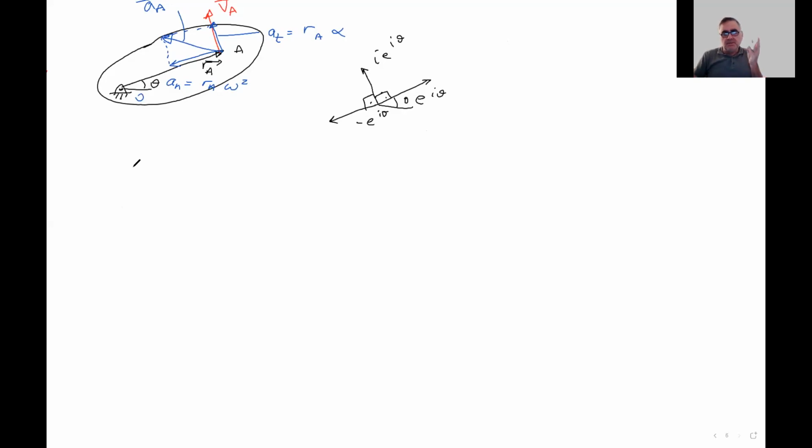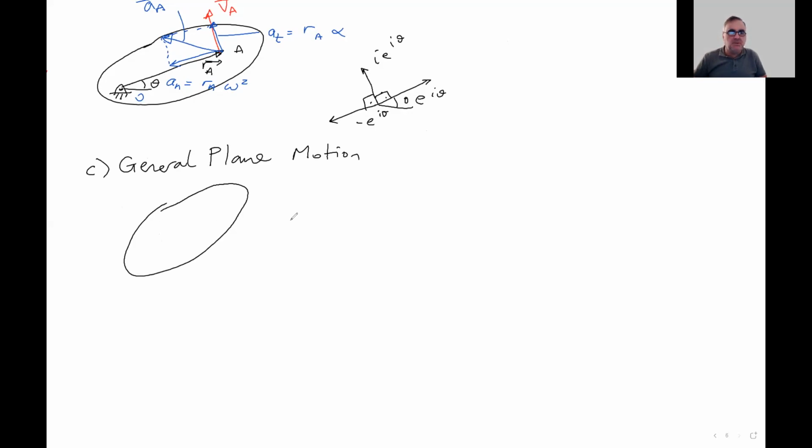Now, we talked about translation. We talked about rotation about a fixed point. Now, the most general thing is the general plane motion. This is just a review of, as you remember, the dynamics class with some complex numbers added to it. So we have an object like this one.